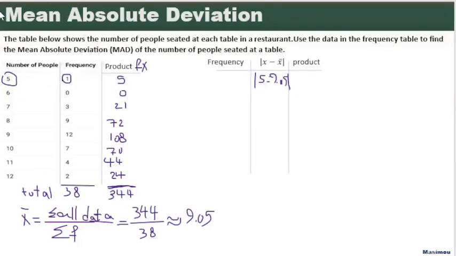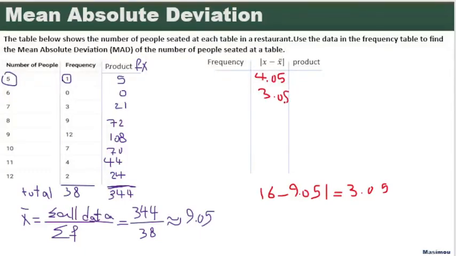So let me write it down. 4.05. For the second one, I say the absolute value of 6 minus 9.05, which gives me 3.05. So I will write it down here, 3.05.